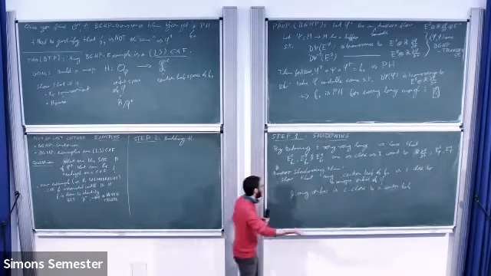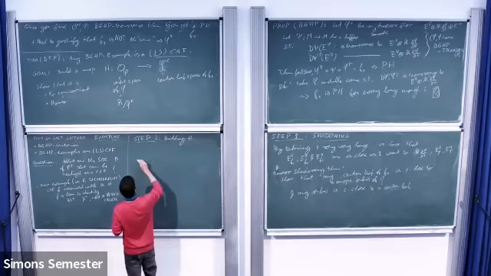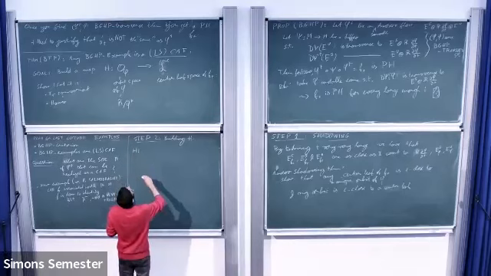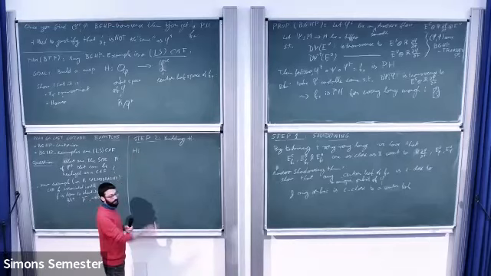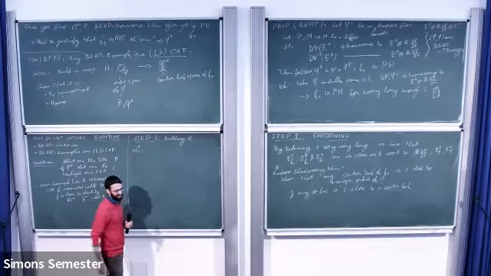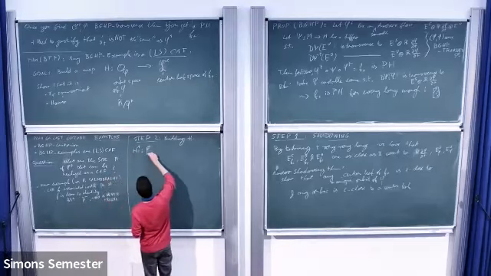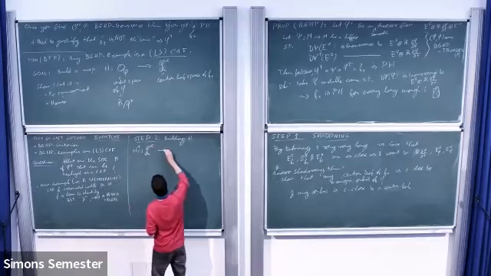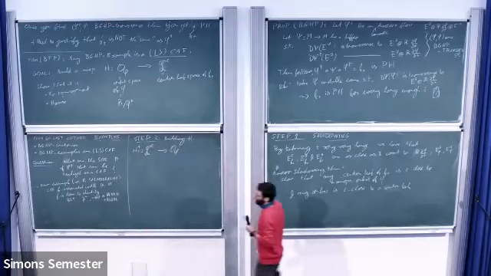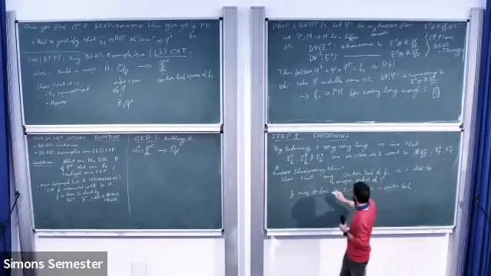Okay, so that's how I'm going to do it. So I get a map H inverse from LC to the orbit space of phi just by this point 1.